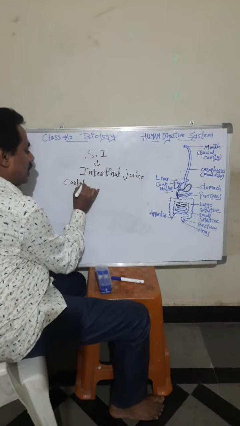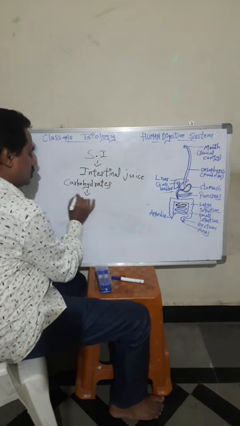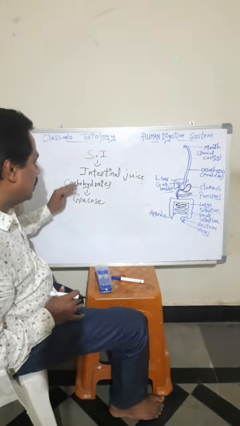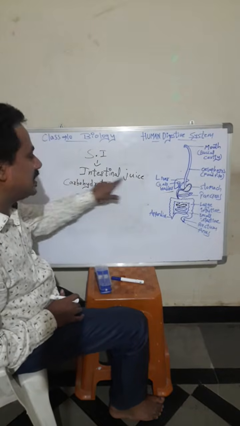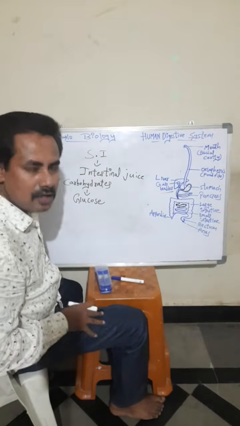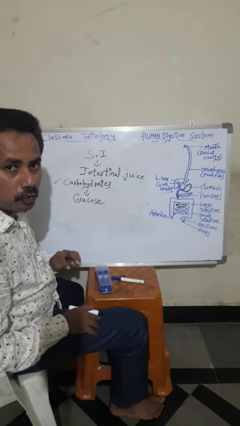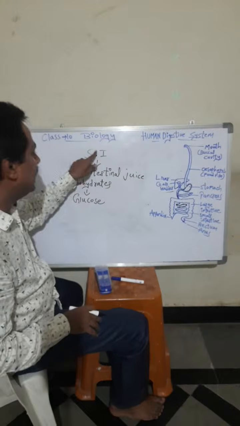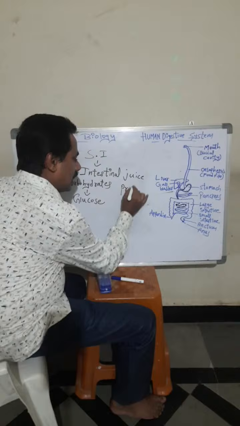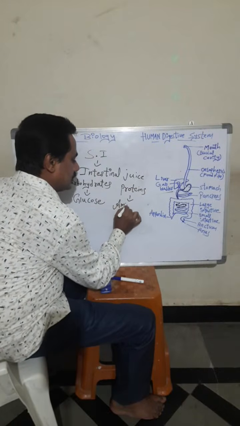Carbohydrates are converted into what? Glucose. Carbohydrates are completely digested, converted into glucose. By whom? Intestinal juice. We eat rice, chapati, roti, which all contain carbohydrates. They will be converted into glucose by intestinal juice released by the small intestine. Proteins are converted into amino acids.